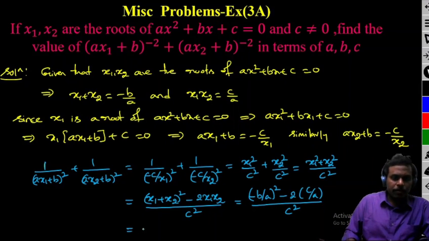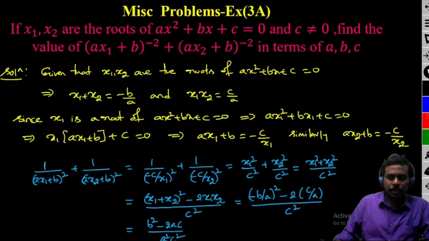Now if I rewrite those things, what I get is b square minus 2ac divided by a square into c square. So this is the final answer that I am going to get for this question.